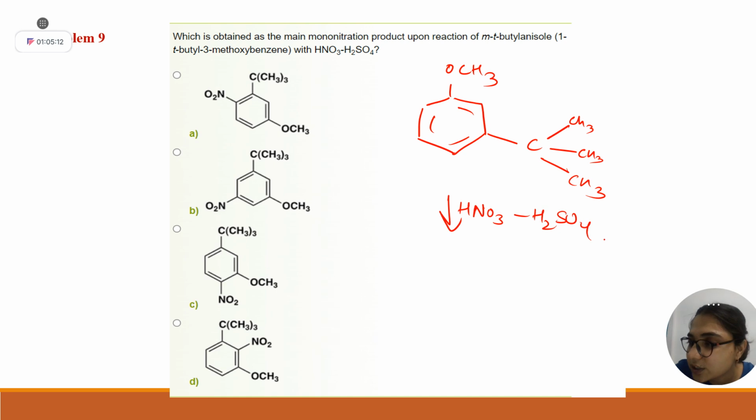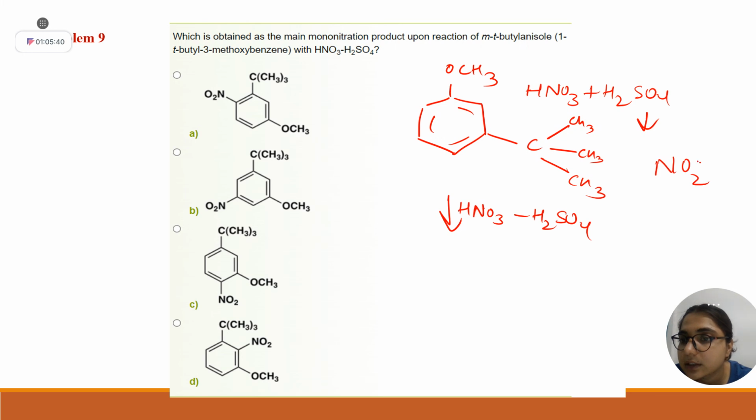My first question, what is the active electrophile in this electrophilic reaction? NO2 plus. Yes, very good. How does it form? Can anyone tell me? HNO3 plus H2SO4. You should know the active electrophile in these cases, okay?